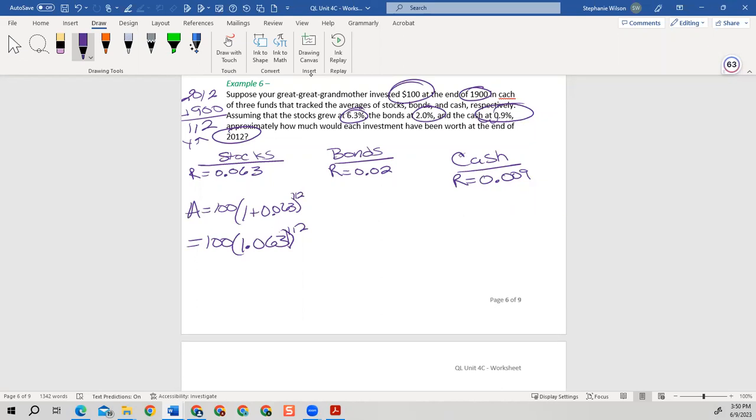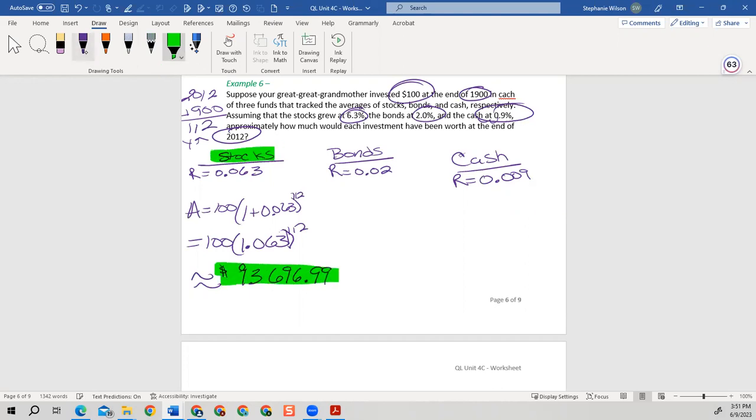Some of you are going to be like, I don't need the steps, and that's cool too. I'm going to go ahead and multiply that. Just make sure you get the same answer. If you get a different answer and you need help, just holler at me. I'm going to round to the nearest 2 decimal places, the hundredths. We're talking about money here.